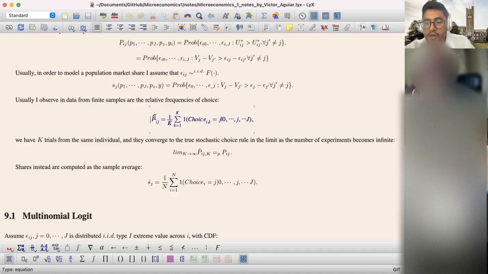Now, an important thing. How do I observe this data? Usually, I observe this data from finite samples of frequencies of choice. That means I go today to London and collect data on purchases.